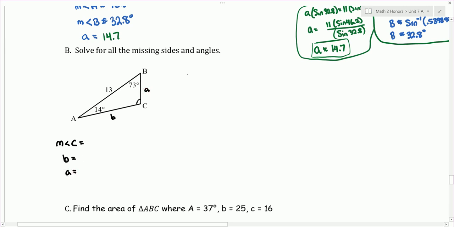That's the easier part. We know all three angles add up to 180. So C plus 73 plus 14 is 87. Subtract 87 and you get C is going to equal 93 degrees.